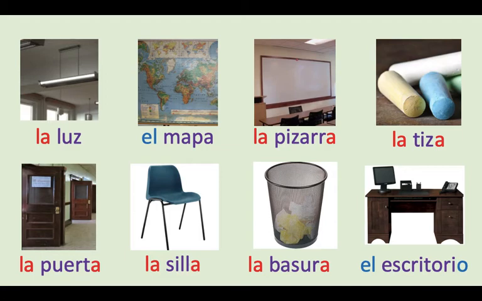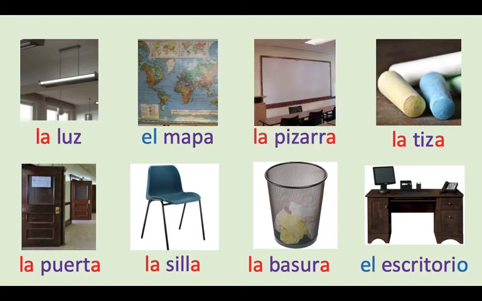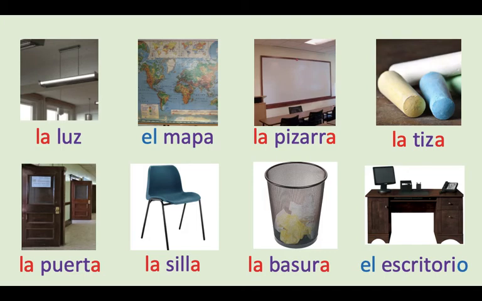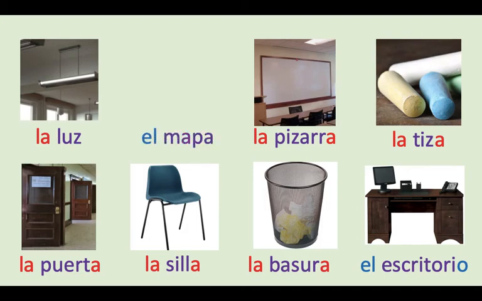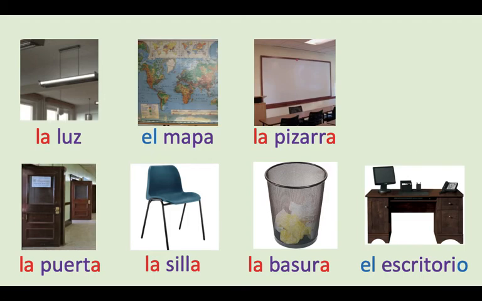Mira, one's about to desaparecer. ¿Qué no está? Repita, la pizarra. ¿Qué no está? Repita, la puerta. Mira. ¿Qué no está? El mapa. ¿Qué no está?